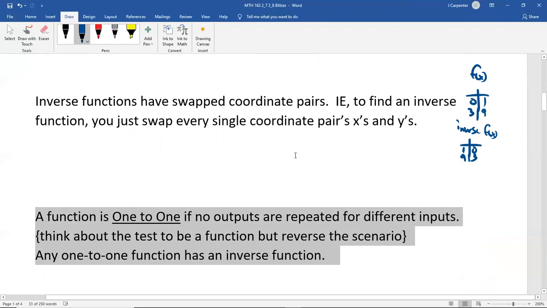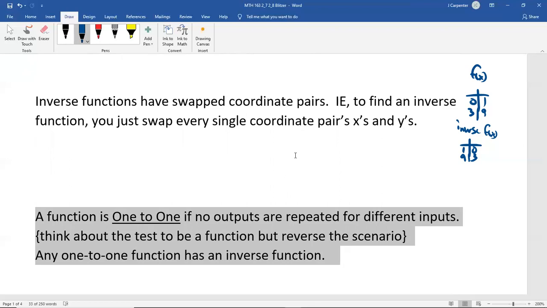A function is one-to-one if no outputs are repeated for different inputs. This is like the test for being a function, but reversing the input-output words, because inverse reverses the input and output words. So we said something was a function if all inputs had the same output, basically.